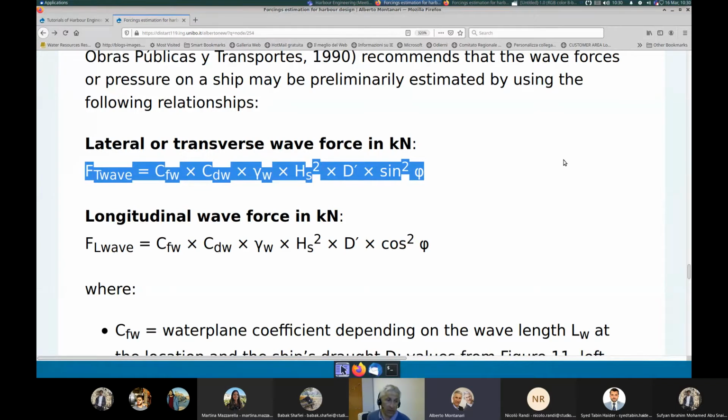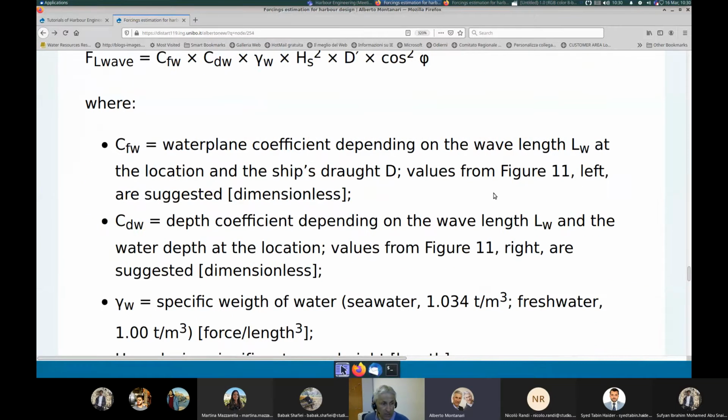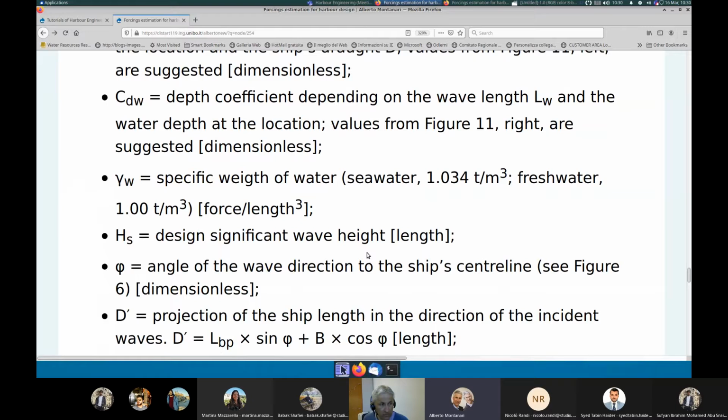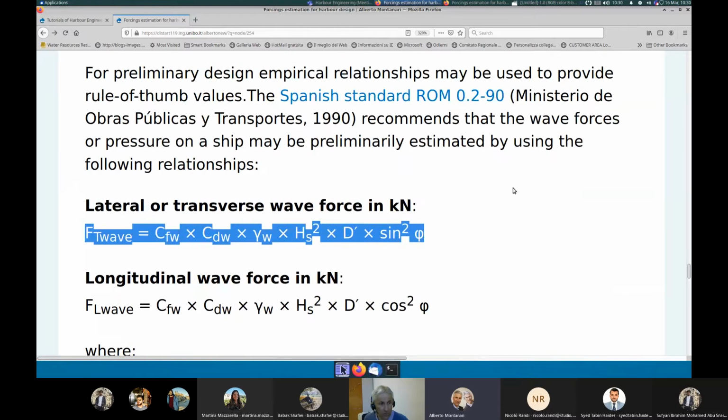And these variables are described here with also their dimension in the list that follows, but let's focus on the formula for now. And then we have HS squared, where HS is the design significant wave height, okay?